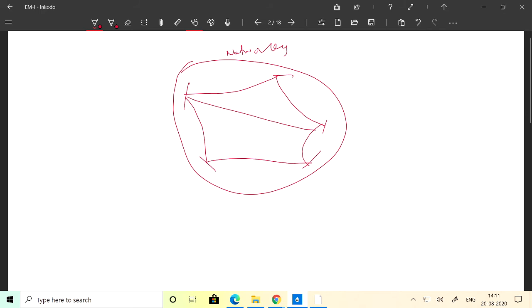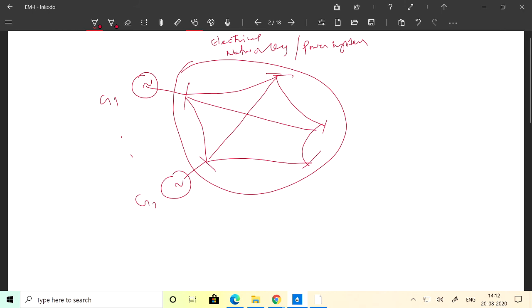So this is an electrical network, power system. In this network we have generators on one side, so on like this, and we also have loads connected to this network.